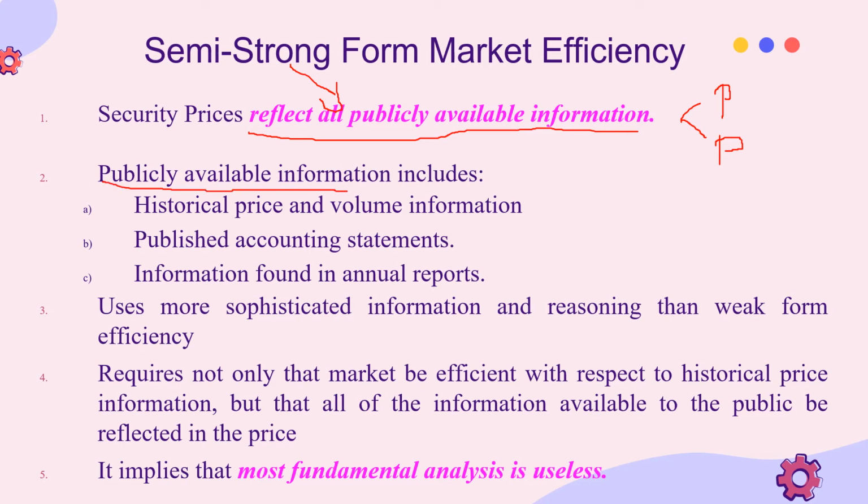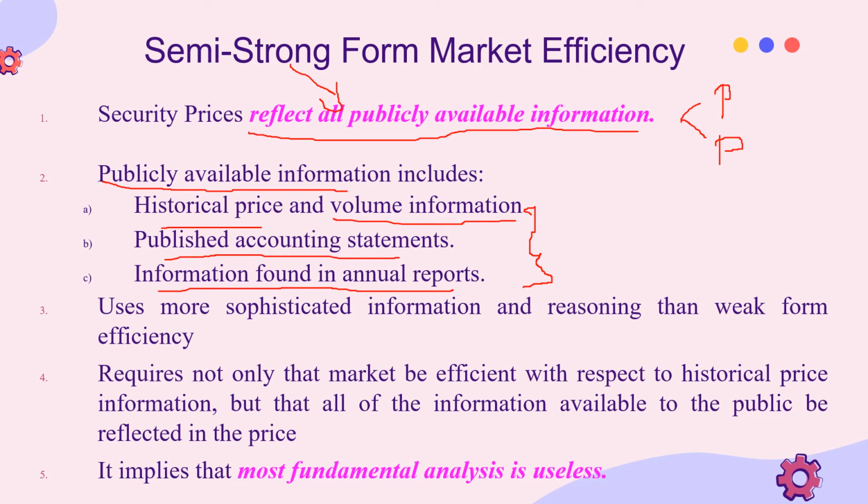So apa public available information? As you can see here is stated the historical price and volume information, public account statement and information found in annual reports. Okay, this one adalah information yang telah didapatkan oleh public. So it means public akan tahu harga the previous ataupun the historical price and volume information.